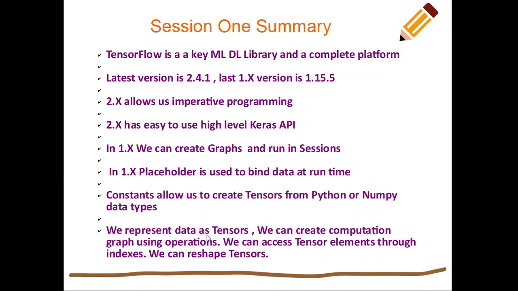Data could be of different shapes, so tensors also could be of different shapes and can have multiple dimensions. They also have attributes like shape, size, dimension, rank, and we can create computation graphs using operations, access tensor elements through indexes, and reshape tensors.